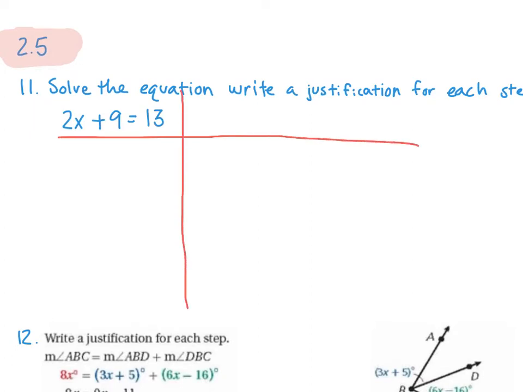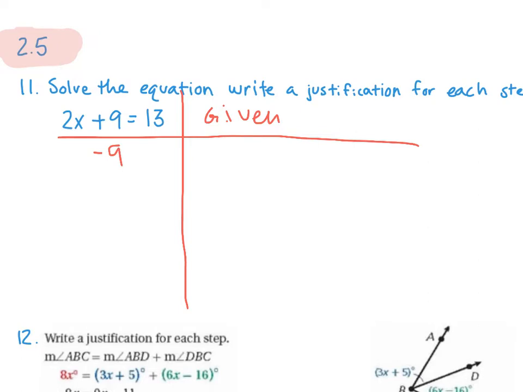We know the first step is given because that's the equation that's given to us. Now to solve for x, we subtract 9 on both sides. I'll write it the long way, including the simplifying steps in it.